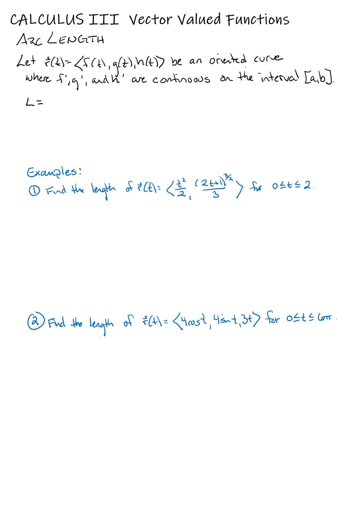Now, I'm not going to go into the derivation of this formula, but to determine the arc length, we have a formula for that. It is the integral over the interval [a, b] of the square root of f prime of t squared plus g prime of t squared plus h prime of t squared.